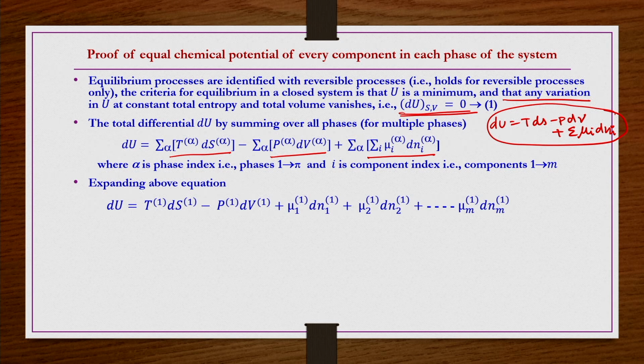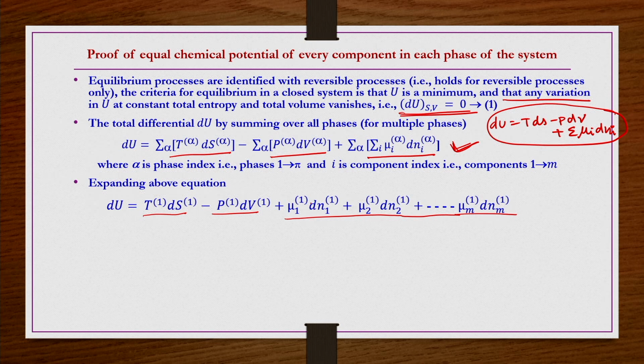So, for the first phase, phase 1, how can you write this equation? T^1 dS^1 minus P^1 dV^1, and then the third term on the RHS has several terms: mu_1^1 dn_1^1 plus mu_2^1 dn_2^1 plus mu_3^1 dn_3^1 plus and so on, up to mu_m^1 dn_m^1.